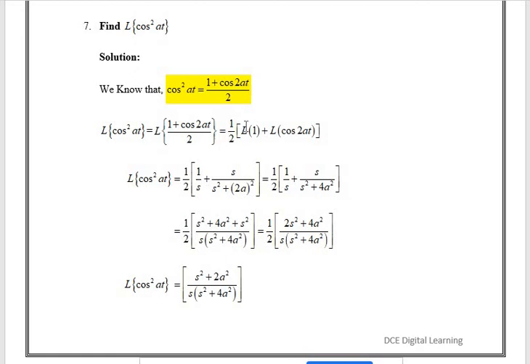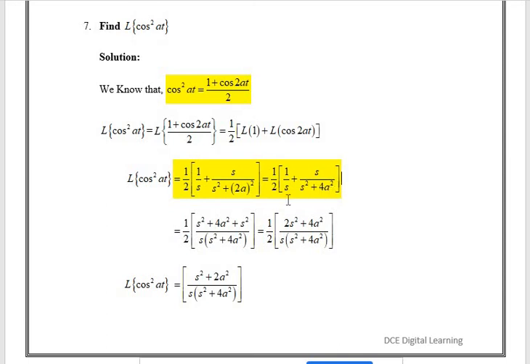Now expand Laplace transformation of 1, that is 1 by s, and Laplace transformation of cos 2at. We get half into 1 by s plus s by s square plus 2a whole square. Now by simplifying this, we get 1 by 2 into 1 by s plus s by s square plus 4a square.